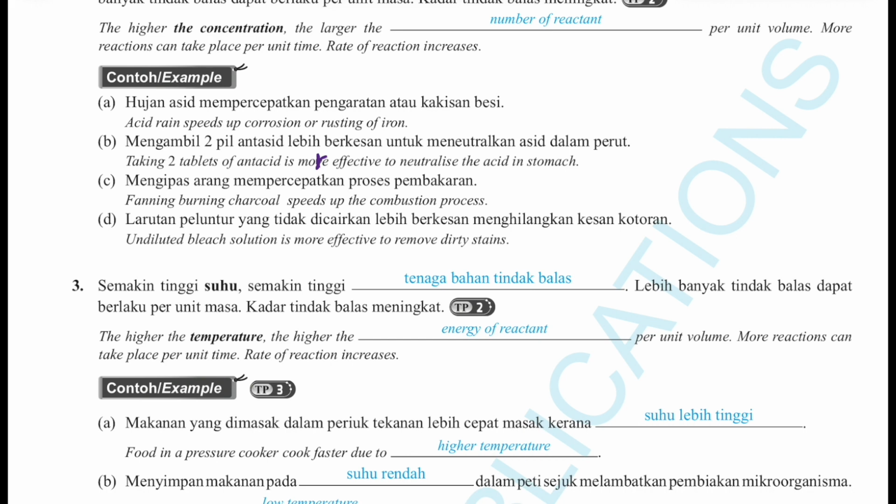Okay. Undiluted bleach solution is more effective to remove dirty stains. So kalau kamu ada bleach ni biasa kita gunakan untuk lunturkan sesuatu ya. Larutan peluntur bleach. Biasanya contohnya kalau kamu ada baju yang terlalu kotor, kamu sental-sental, masuk dalam mesin basuh tak hilang-hilang juga, kamu boleh guna bleach.